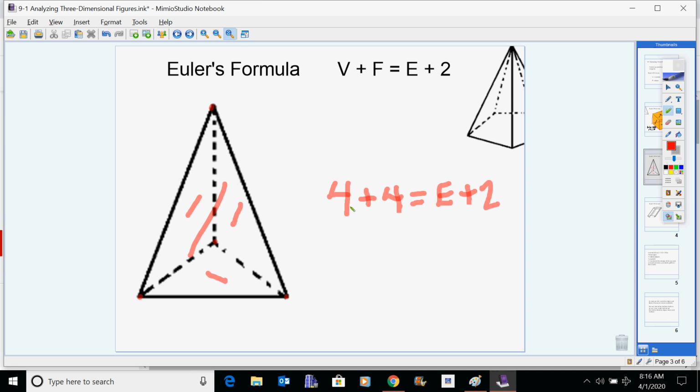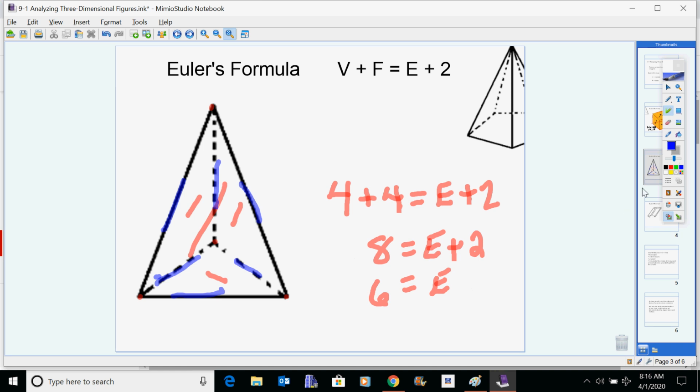we're given the number of vertices and the number of faces. You could calculate the edges pretty simply. So the number of edges would be 6. And 2, 3, 4, 5, 6 edges on that particular figure.